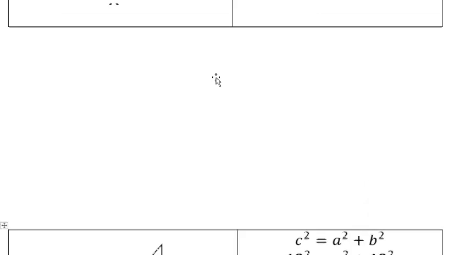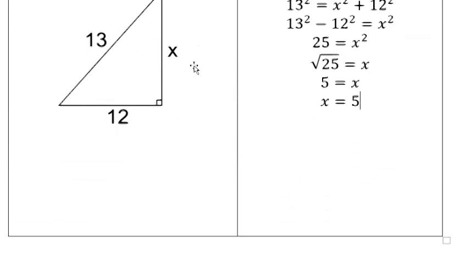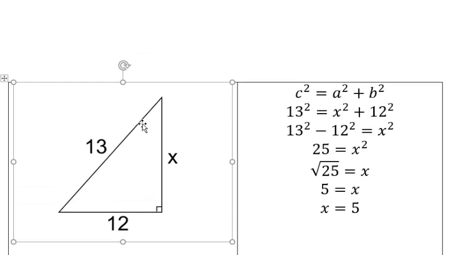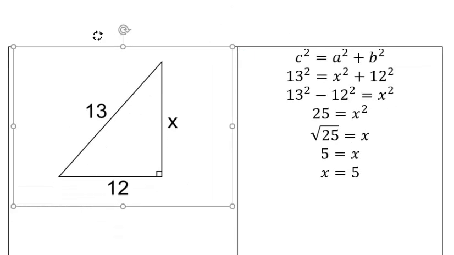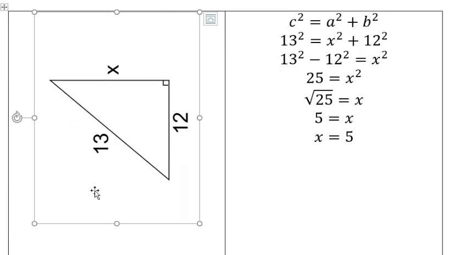That's how we solve exercises with Pythagorean theorem. Now the exercises, they may be a little bit different. Like you could have a triangle like this one, okay, which you always need to identify which is the hypotenuse. The hypotenuse will still be 13 because it's the diagonal that is opposite to the 90 degrees angle.